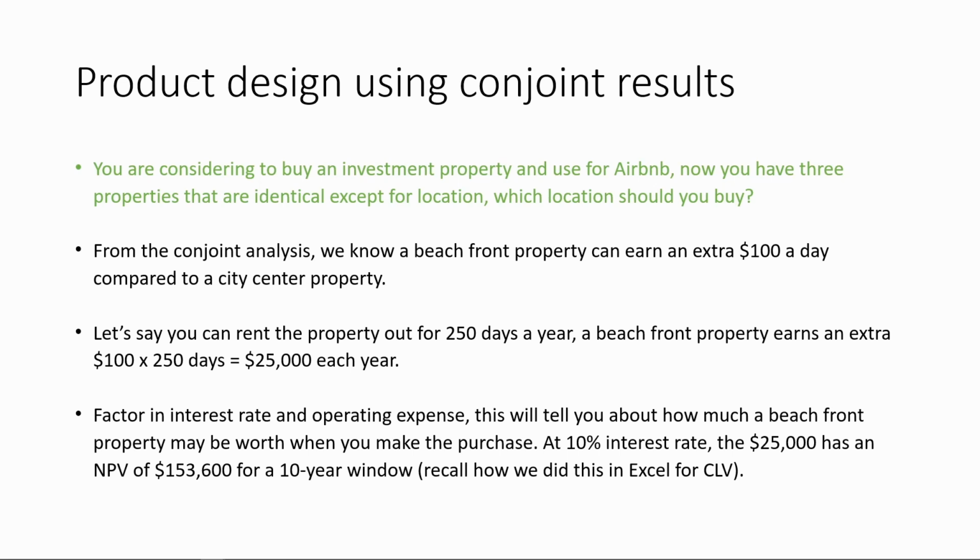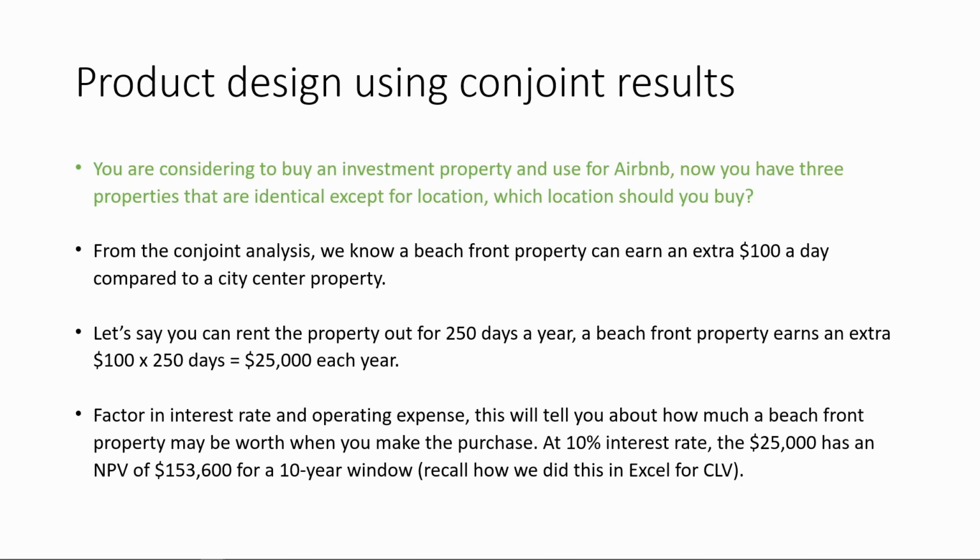So this value basically says that if this is what you are considering, if the beachfront property is only $100,000 more expensive than the city center property, then it's a good deal for you because you can earn more money back from the beachfront property than the city center property.